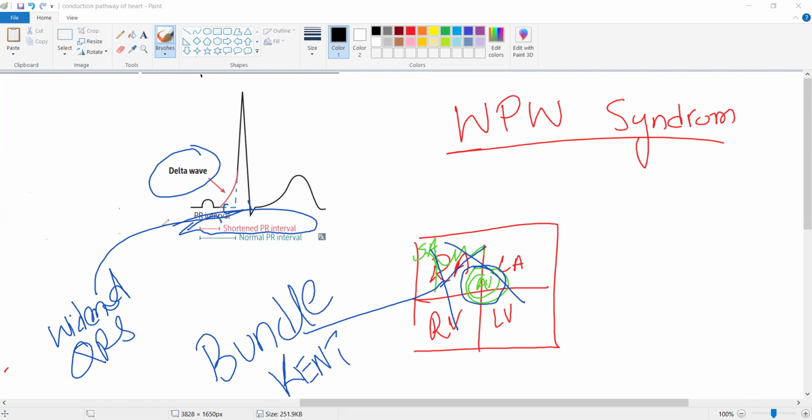It is the most common type of ventricular pre-excitation syndrome.